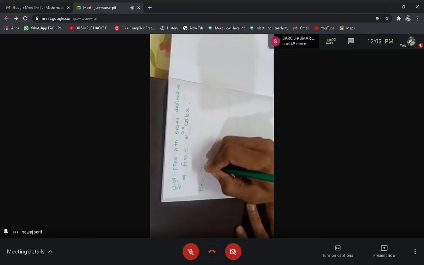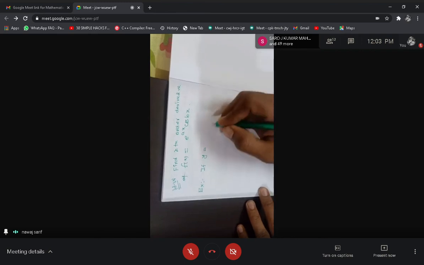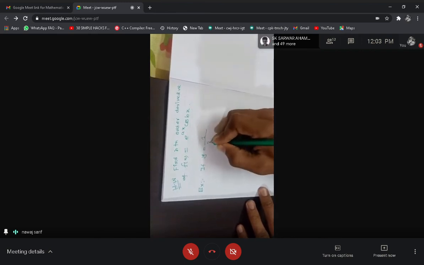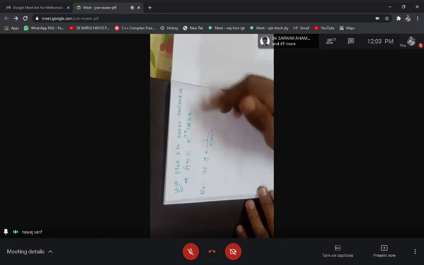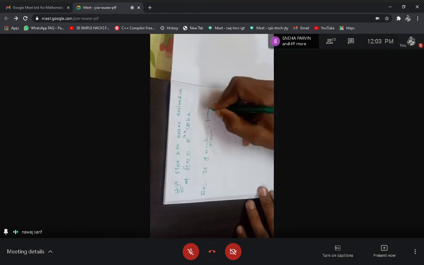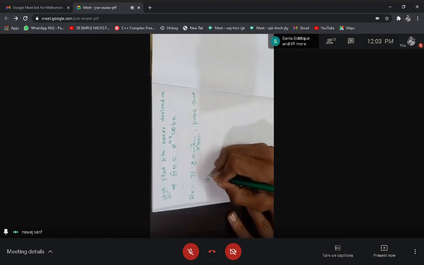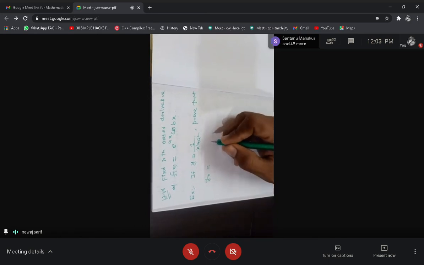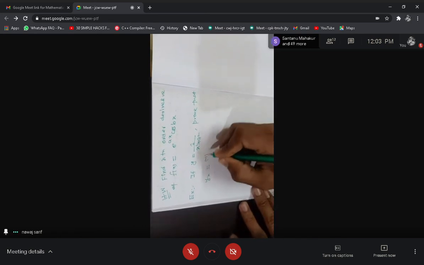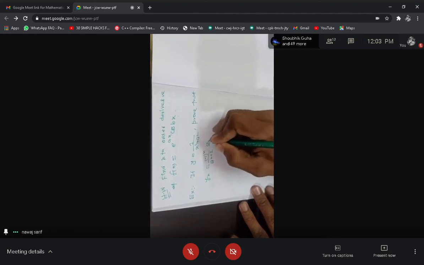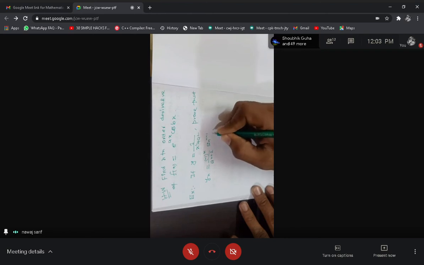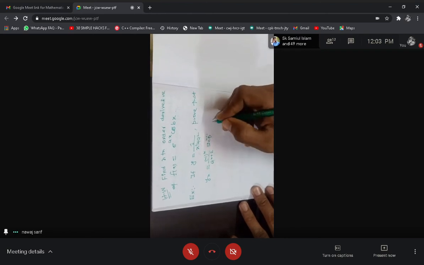If y equals 1 upon x square plus a square, then prove that y_n equals minus 1 to the power n upon a to the power n plus 1, sin to the power n plus 1 theta into sin(n plus 1) theta.